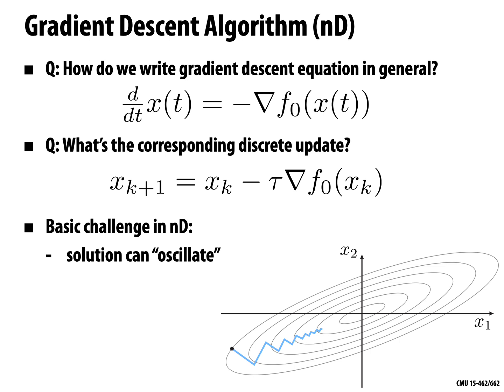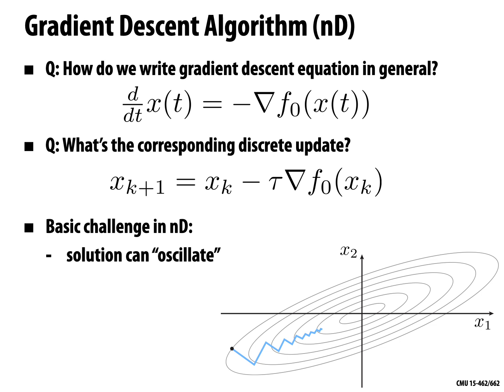Right? We, as people who can see the global picture, know that the best thing to do probably would have been to just head straight for the middle. It doesn't actually make so much sense to follow the gradient direction in this picture.